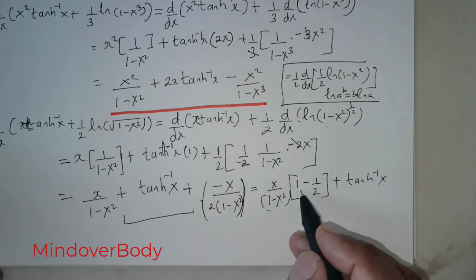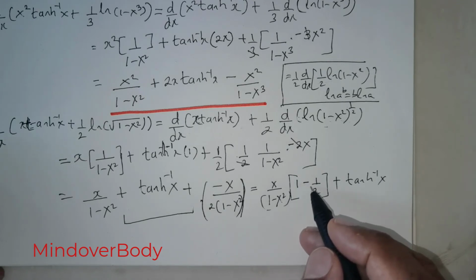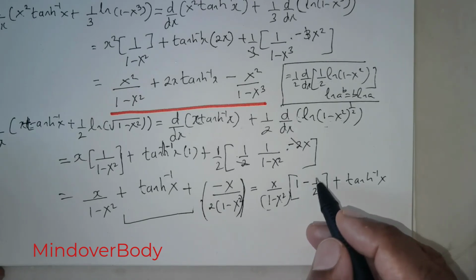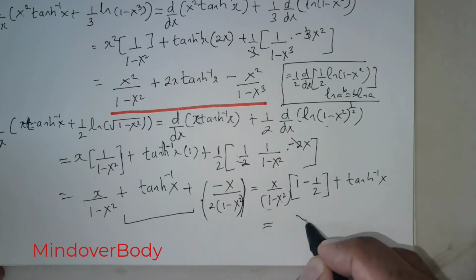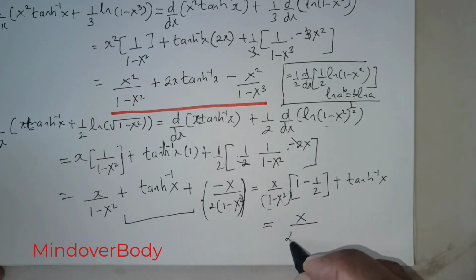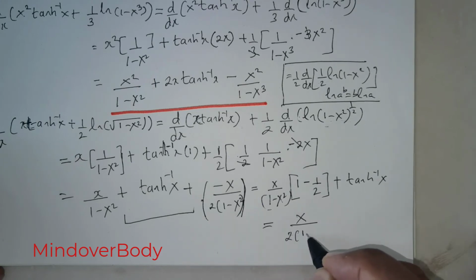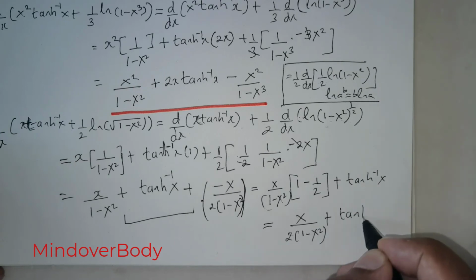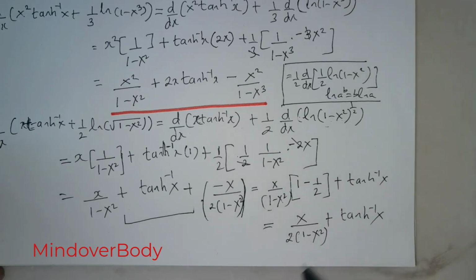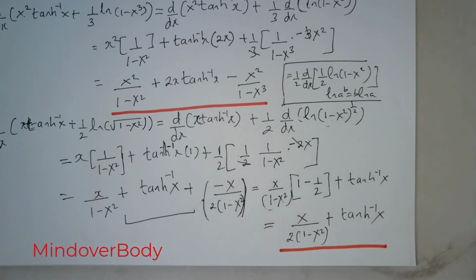So this is going to be 1 followed by, in fact, 1 − 1 over 2. That's going to give me 1 over 2. So I can rewrite this as x over 2 times (1 − x²) plus tan inverse of x. So this is the solution and a good place to draw the red line.